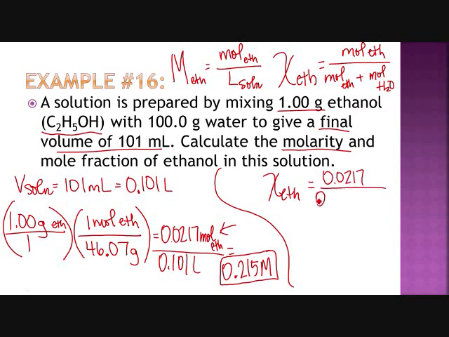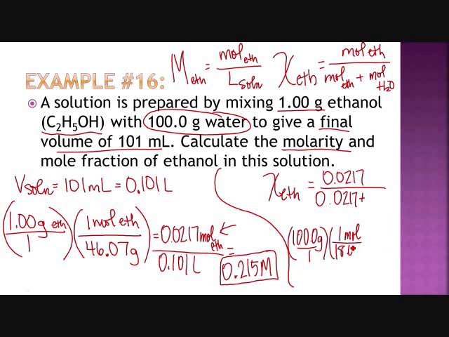And then the denominator is moles ethanol again, plus the moles of water. We haven't solved for moles of water yet. That's why you're given 100 grams of water. To find the moles of water, you take your 100 grams divided by the molar mass of water, which is like 18.015 or 18.02 grams, and the moles of water is 5.55.